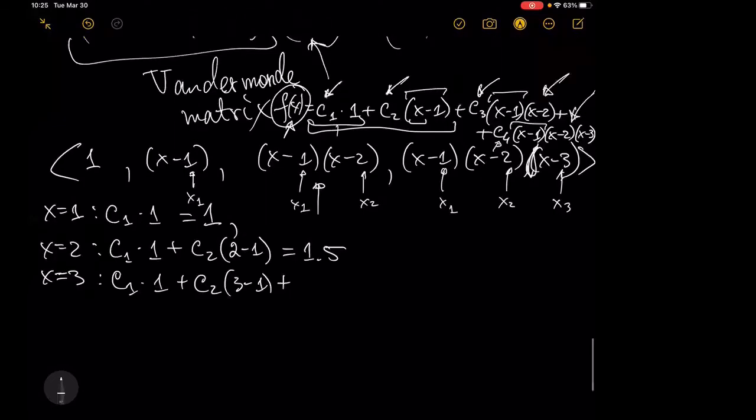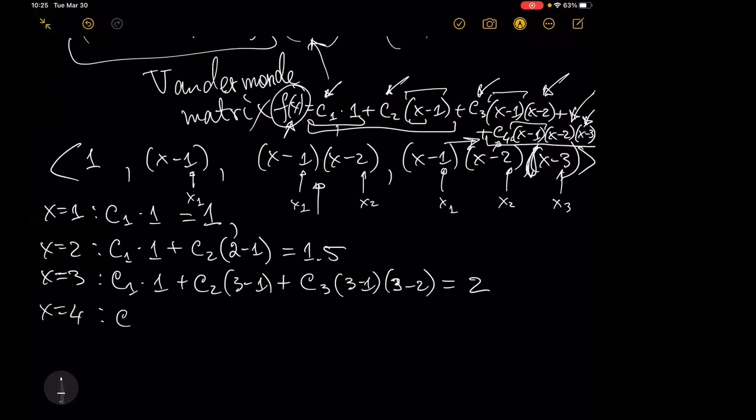now this term will be 0 because of this bracket, but all other terms will not be zeros. 3 minus 2. And I remember that it has to be equal to 2.